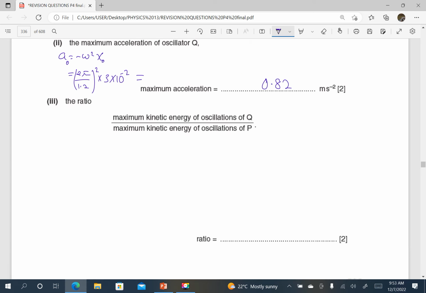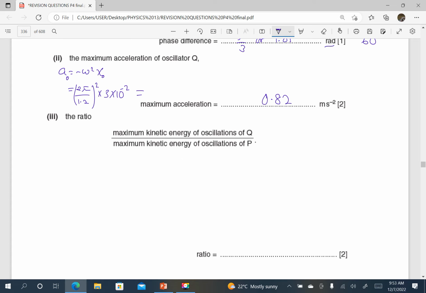Okay. Then the ratio: maximum kinetic energy of oscillations of Q over maximum kinetic energy of oscillations of P. So I'll just say that ratio equals, remember, maximum kinetic energy is the same as total energy, which is a half m omega squared x naught squared, for Q, divided by a half m omega squared x naught squared, for P. Omega is going to be the same because the period is the same.